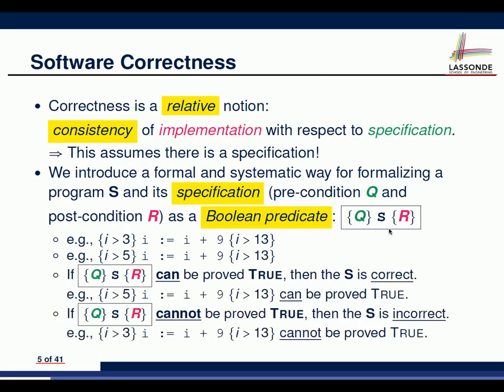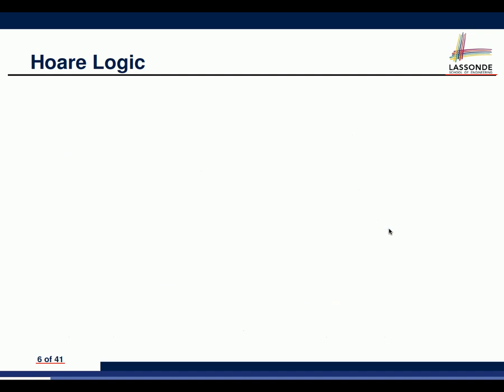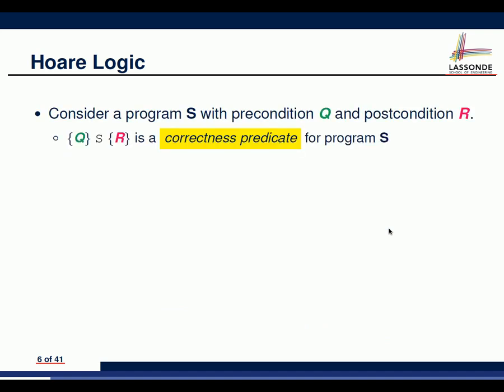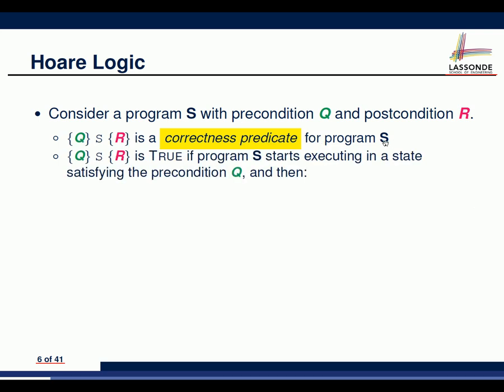Now let's go on with Hoare logic. Let's review the meaning of the Hoare triple. It is the so-called correctness predicate for your program. You have a precondition, a postcondition, and the implementation. The whole predicate will be true if the implementation starts executing in a state that satisfies the precondition, and then it will terminate.